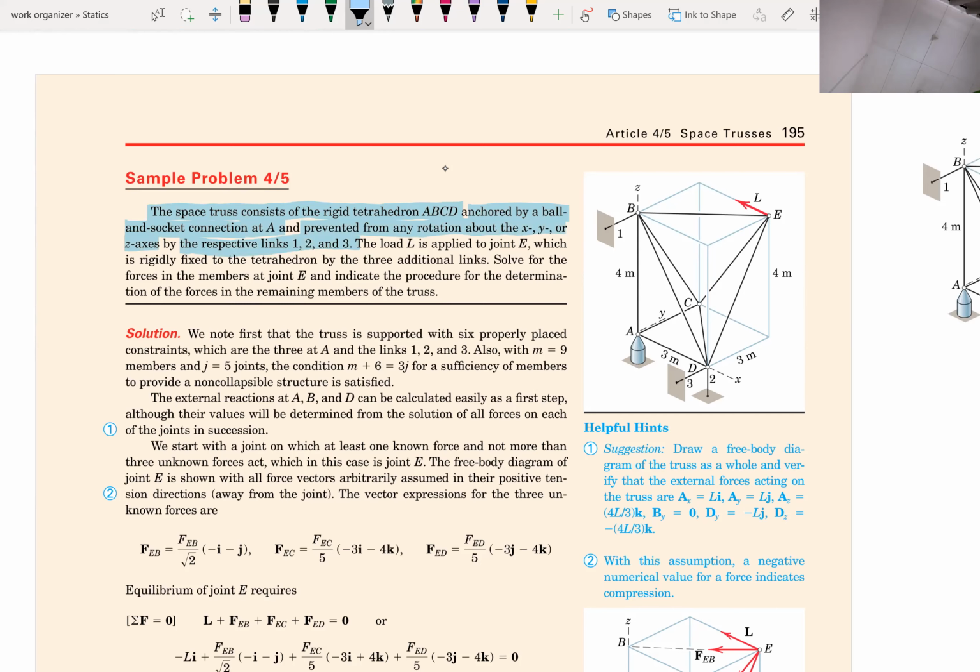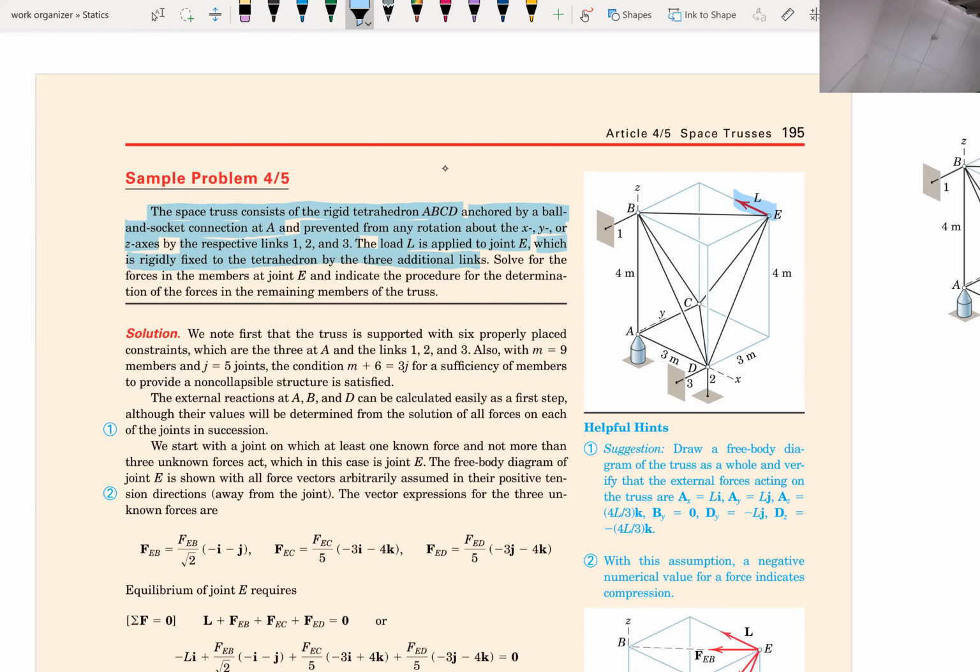Then we apply load L to joint E. So here's the load L, which is rigidly fixed to the tetrahedron by 3 additional links.